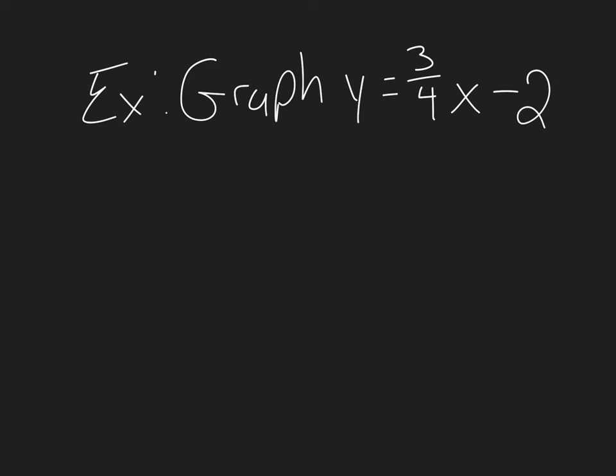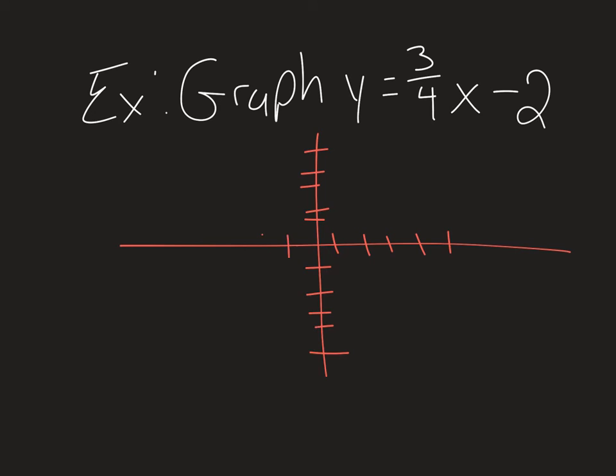So let's look at another example here. In this case, we have a fractional slope, but that's okay. So let's make our grid. Now again, I'm going to look at my y-intercept first. So right there, we know it goes through the point (0, -2). Now, 3/4 is equal to m, which is our change in y divided by our change in x.